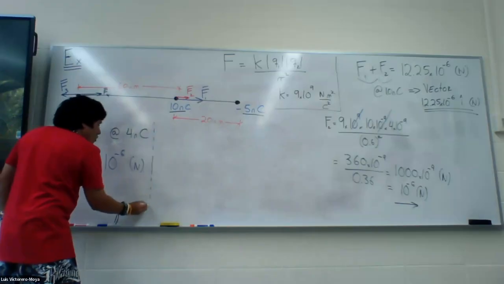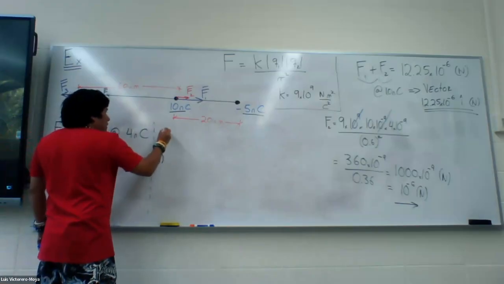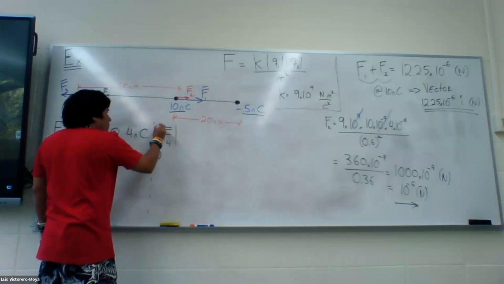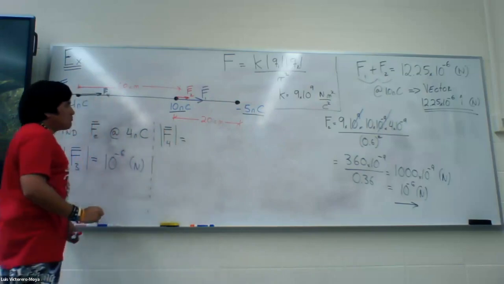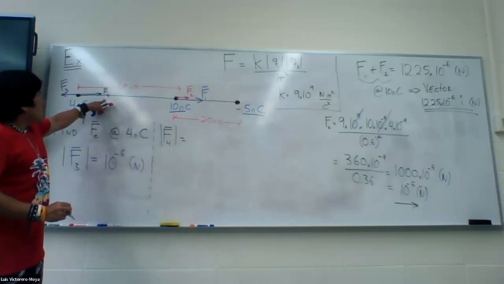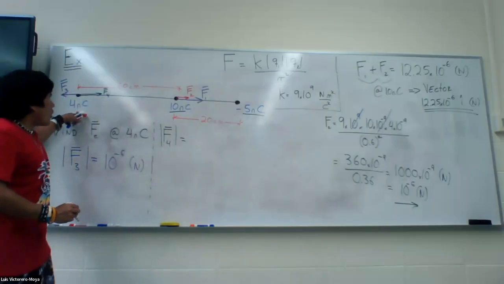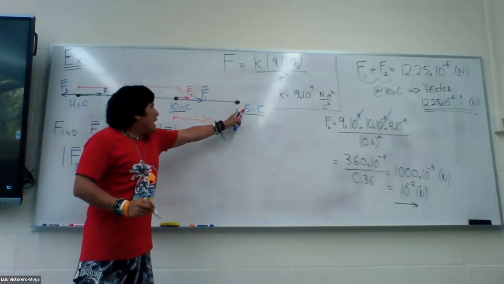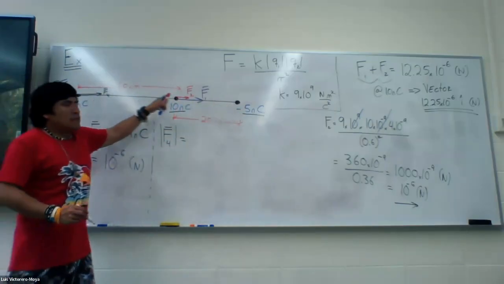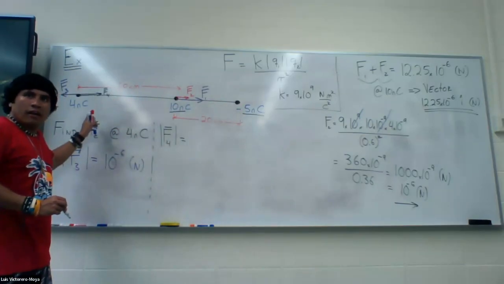So we need to find the magnitude of F4. F4 is the force due to 4 and negative 5 at a distance of 80 centimeters, 20 plus 60.